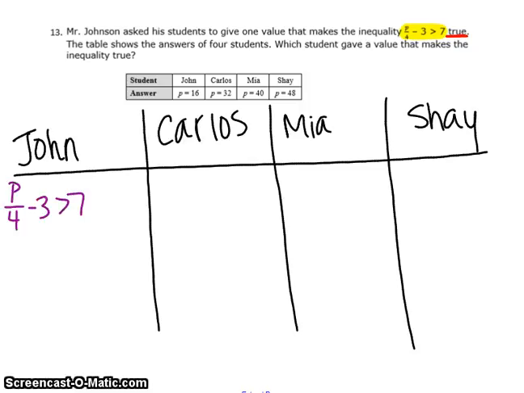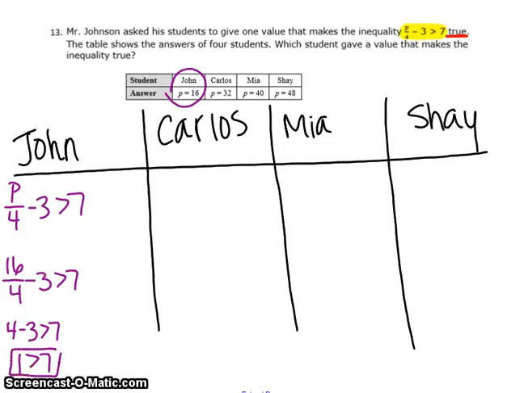Instead of this p, I'm going to put in 16. So I have 16 divided by 4 minus 3 is greater than 7. Well, I know that 16 divided by 4 is 4, and I bring everything else down. 4 minus 3 gives me 1. So I look at my inequality that we have. It says 1 is greater than 7. No, that's not true. John cannot be correct.